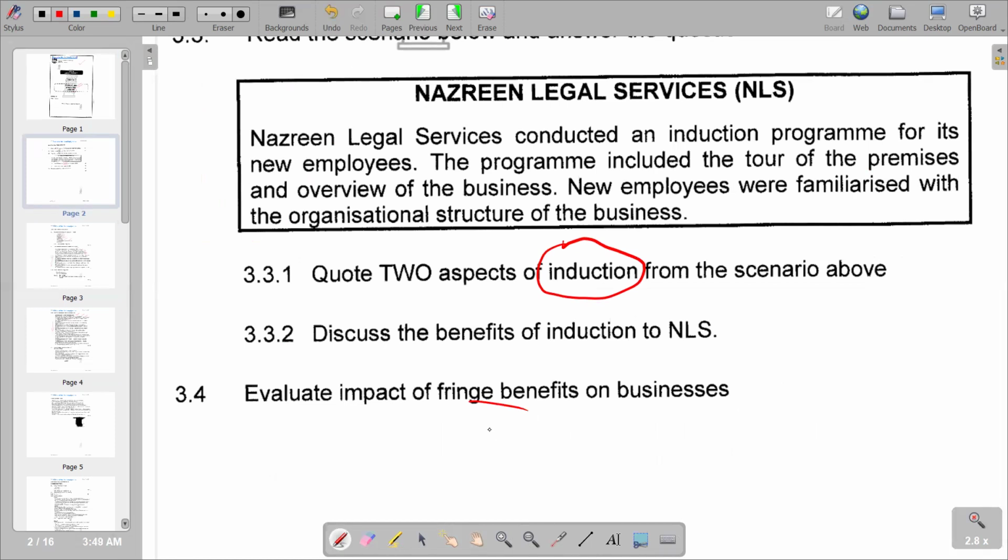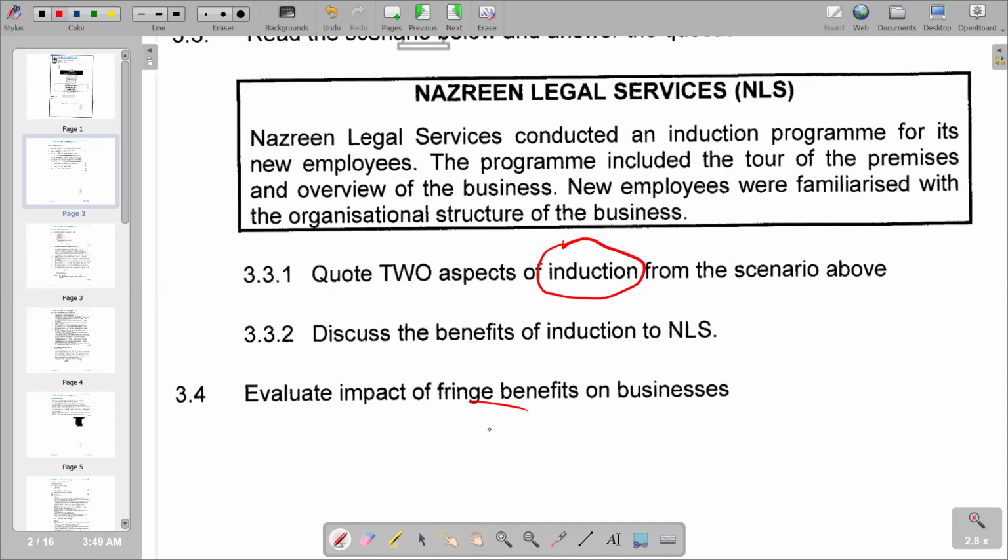Fringe benefits are additions of compensation that companies give their employees. Remember, the compensation given to employees by employers includes salaries and wages. But if there is any addition on top of that, it becomes a fringe benefit.